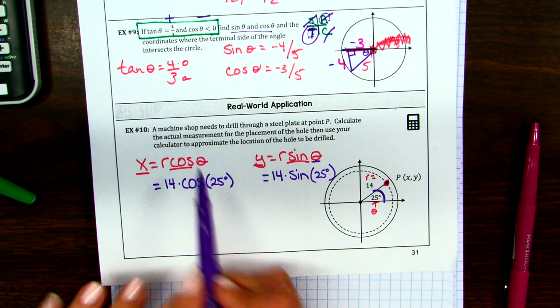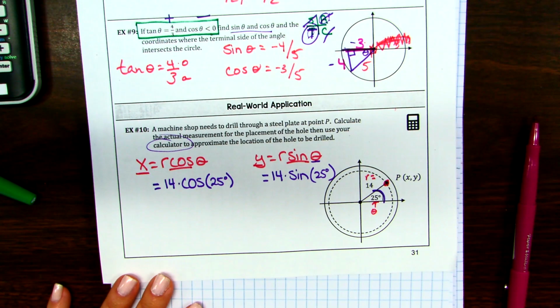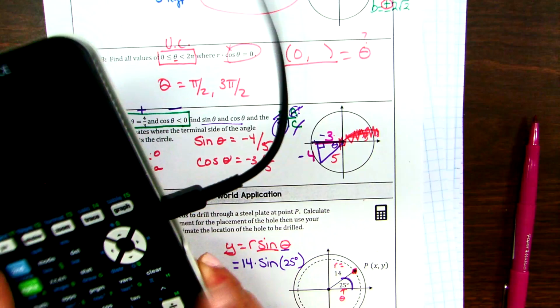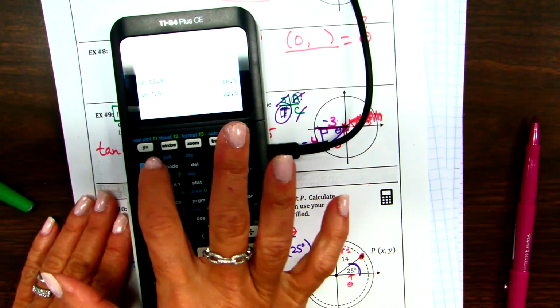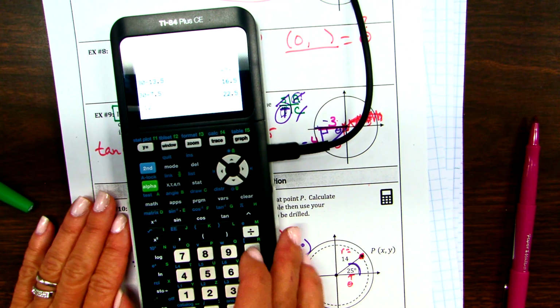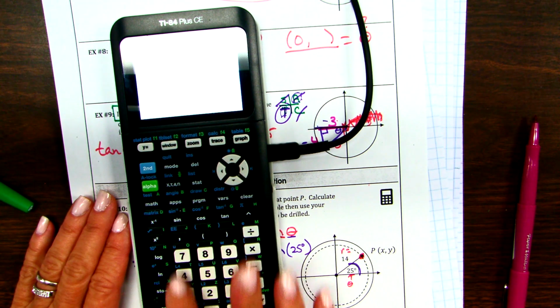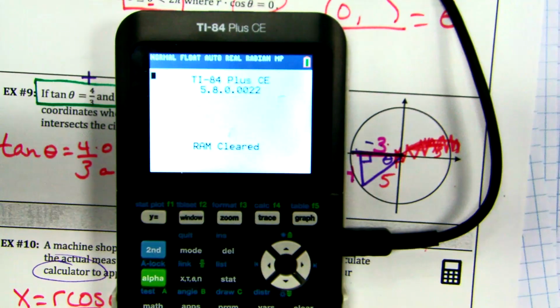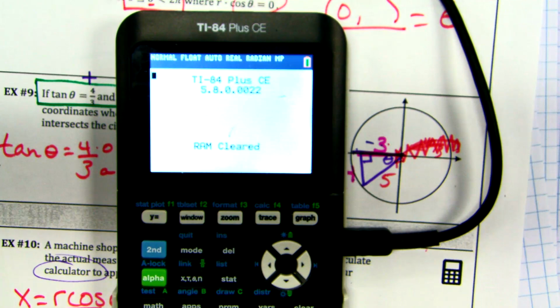So this is why they're saying use your calculator. We're going to actually use our calculator to do this. So it's just typing some buttons and rounding. But one thing you need to know is that if you clear your RAM, so do me a favor and clear your RAM. I might have talked about this before. I might not have. But when you clear your RAM, in its cleanest basic state, your calculators are naturally in radian mode.